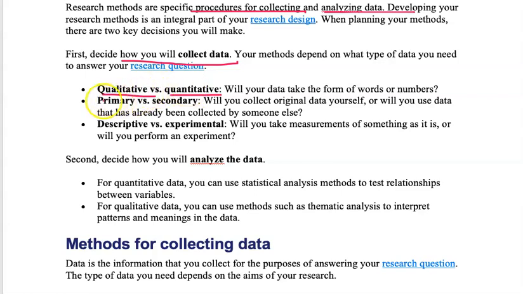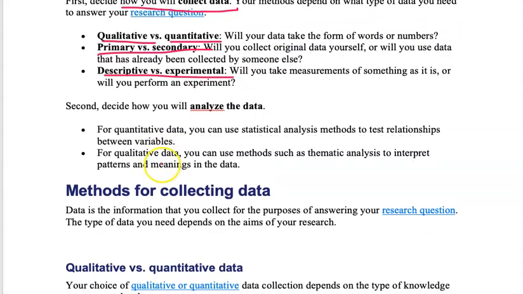Primary versus secondary. Your data can be primary or secondary. Will you collect original data yourself, or will you do research based on secondary data or sources which are already available? Descriptive versus experimental. Will you take measurement of something as it is, or will you perform an experiment to analyze the results?